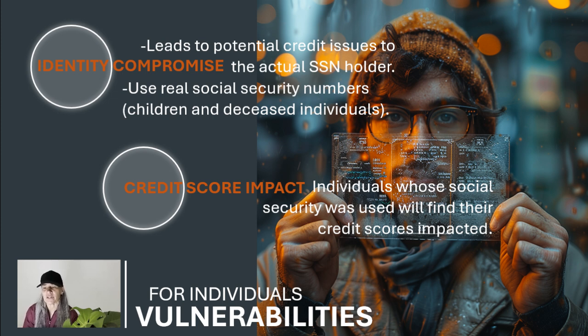Individuals whose social security numbers are used in synthetic identities may find their credit scores impacted by the fraudulent activities associated with the synthetic identity. This process can take time, but once established, the synthetic identity becomes a powerful tool for financial crime.